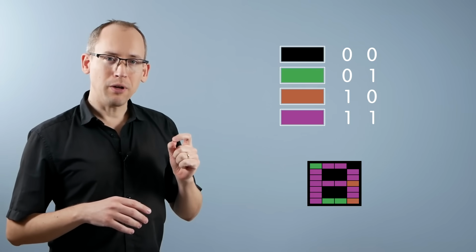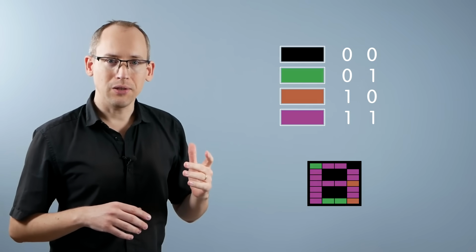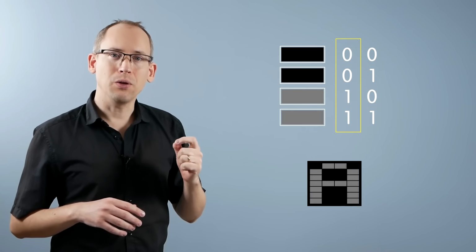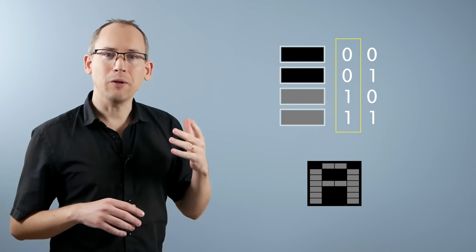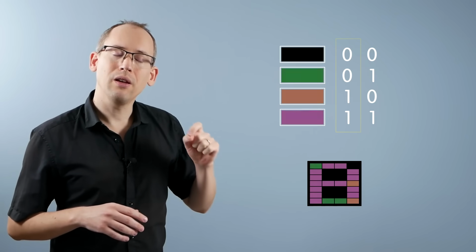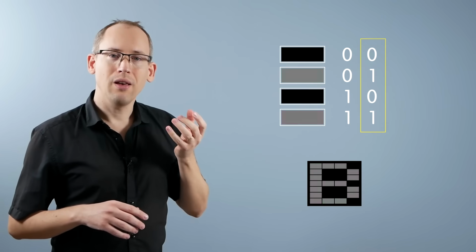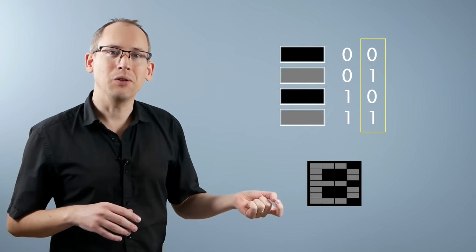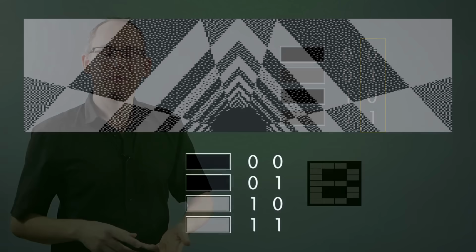But if you put the same color twice into the palette, like this, then only the first bit controls what color you see, and the second bit makes no difference. And if you then shuffle the colors, it's now the second bit that controls what color you see, and the first bit makes no difference. In this way, it's possible to store 2 independent pictures in the same memory.